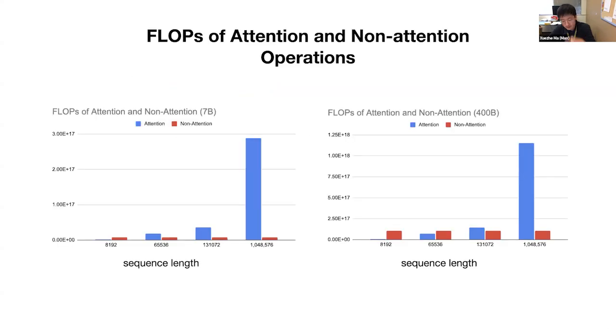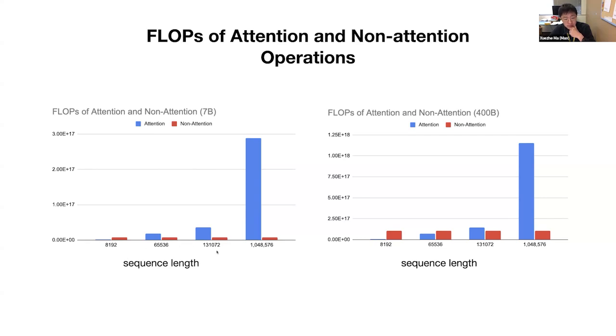And here is an empirical comparison between the FLOPs in attention and non-attention components in a transformer architecture. We see that if our context length is short, shorter than 8,000 tokens, then the computation cost in the attention part is not the bottleneck.